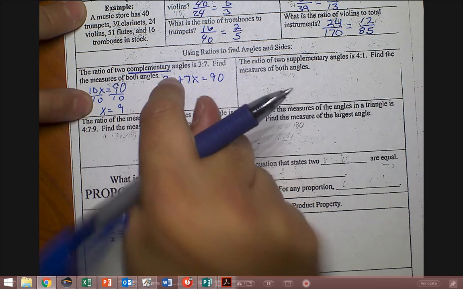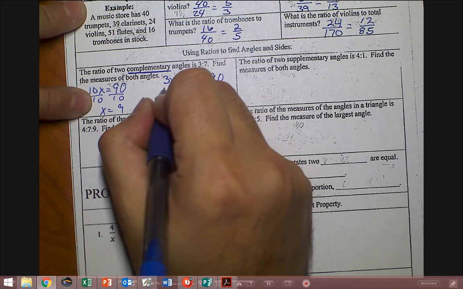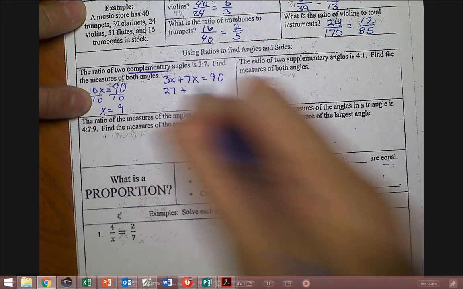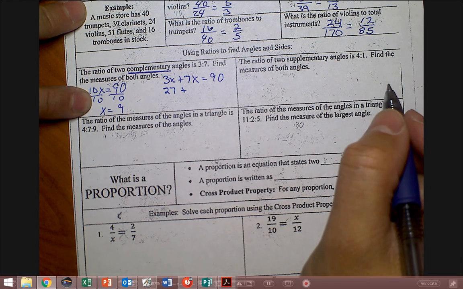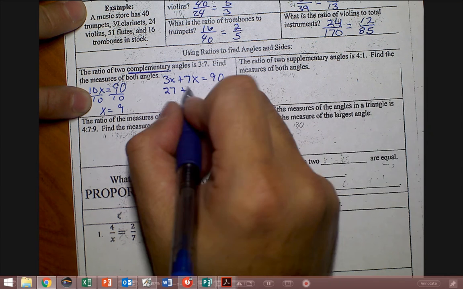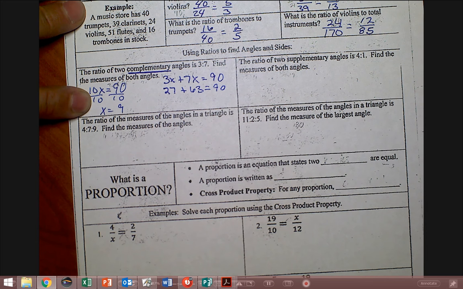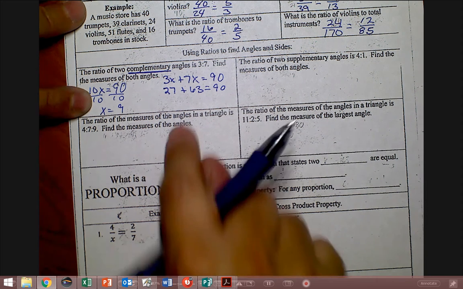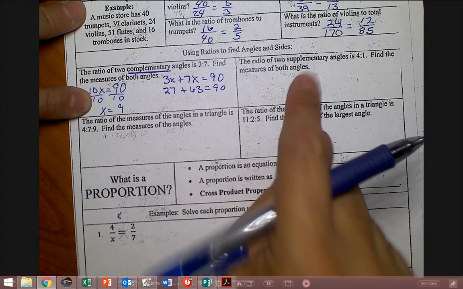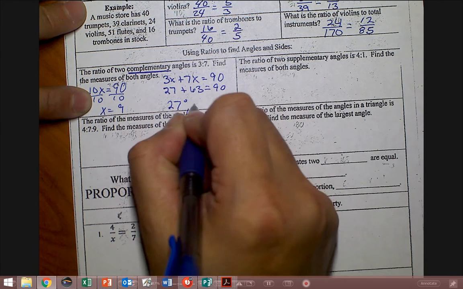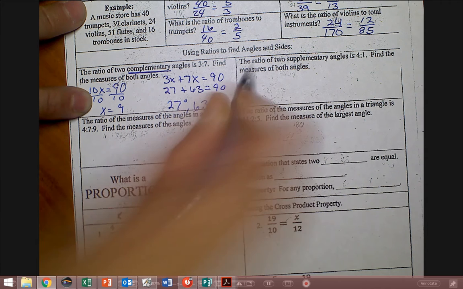So 3 times 9 is 27, plus 7 times 9 is 63. Does that equal 90? Yes. Okay, so if this is equal to 90, then my two angles are going to be 27 degrees and 63 degrees.